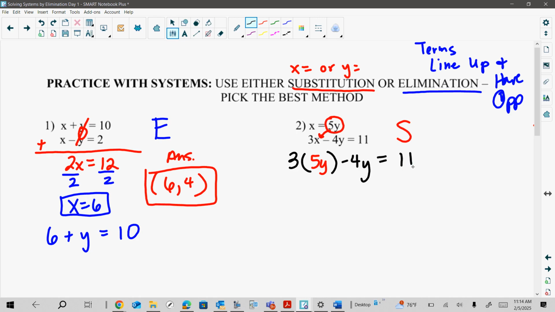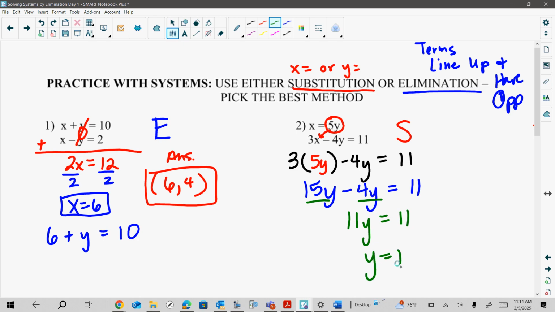Yes. 15y minus 4y equals 11. Combine these like terms. 7y equals 11. Y equals 1. Yep. So we got to plug it back in to solve for x. The answer here, 5 comma 1, because you're saying 5 times 1.